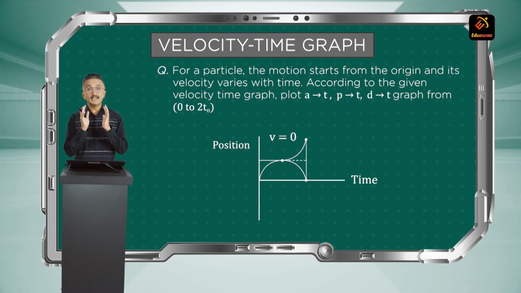Yeah, so that is the difference between the distance time graph and the displacement time graph. This yellow color graph is the displacement time graph, and the remaining part is the distance time graph. Clear?